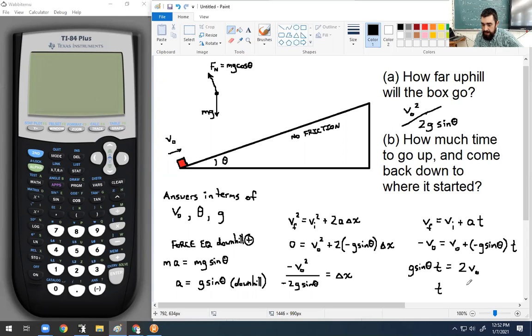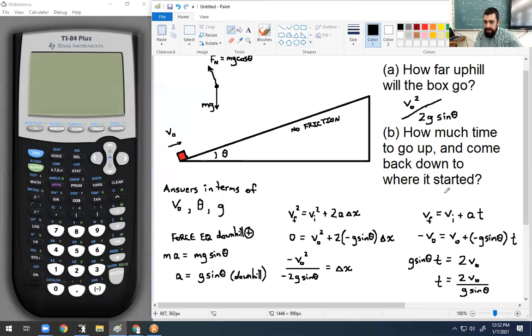So t would equal 2v0 divided by g sine theta. So then that's the answer. 2v0 divided by g sine theta.